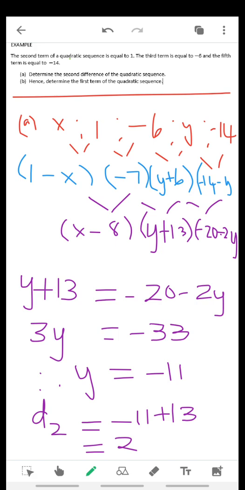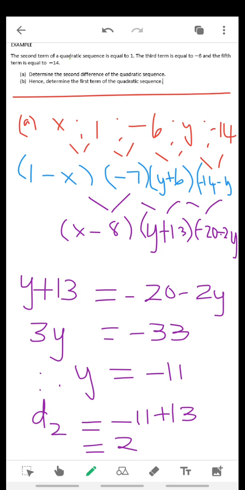I think I've already written it down there in red, 1. The third term, which is the next one, is equal to minus 6. I wrote it down there in red. And the fifth term is equal to minus 14. So you just keep one position, then I wrote minus 14 in red.